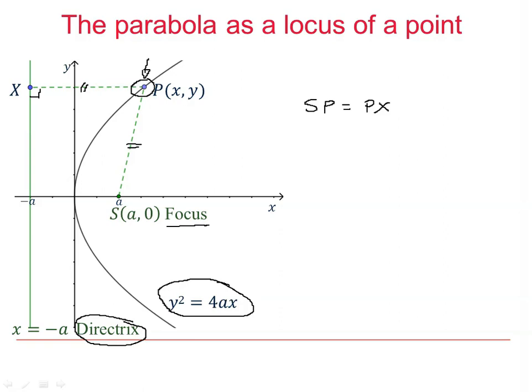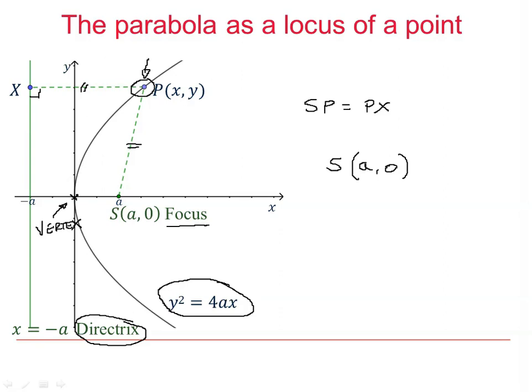So the focus is on the x-axis here. S has got coordinates (a, 0). Now, how do we know that it's (a, 0)? Well, the parabola goes through the origin. This is actually referred to as the vertex of the parabola. And therefore, the distance to S and the distance to the directrix being the same means that those are both equal to a.